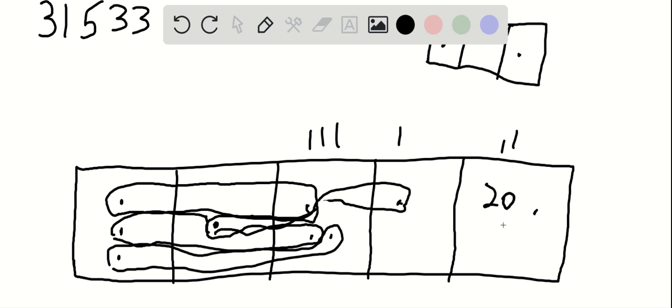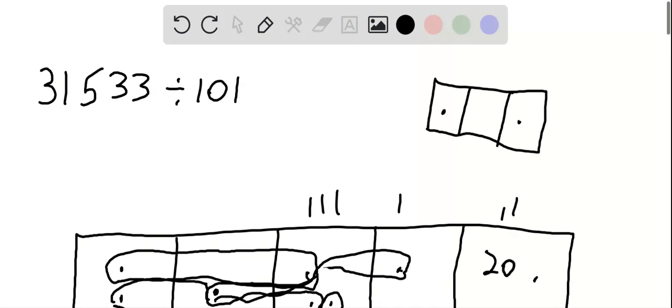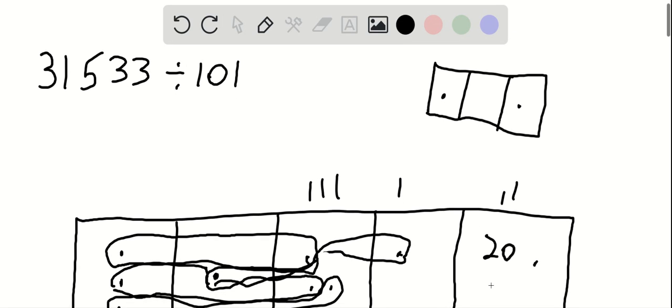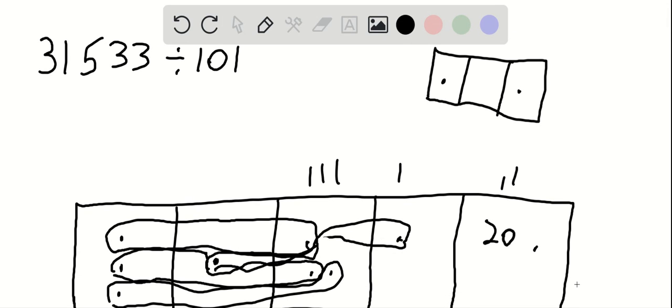Typically in a 10 to 1 machine, we're not allowed to have more than 10 dots in a box, but in this case, we're dividing by 101, and 21 is certainly smaller than 101. So there are no more groups. All our groups have been accounted for and we have these 21 dots left over in our rightmost box. What have we just discovered?